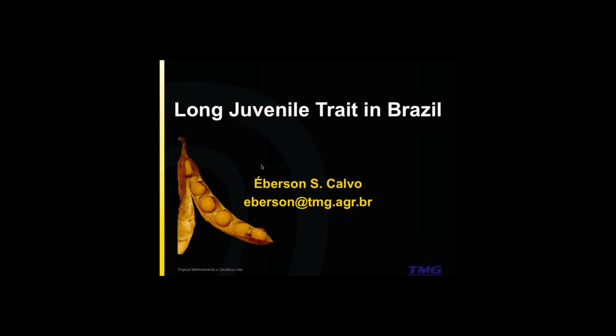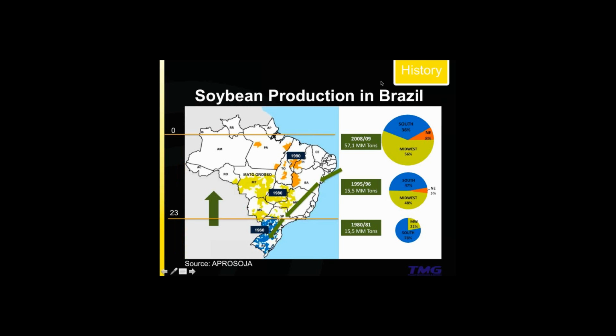I honestly believe that there are really interactions between the long juvenile trait and the E genes. And the third thing I would like to mention is that after the excellent review that Christine and Carrie put together, I don't have much to add here, other than talk a little bit about the work that has been done in Brazil in terms of adapting soybeans to the low latitudes.